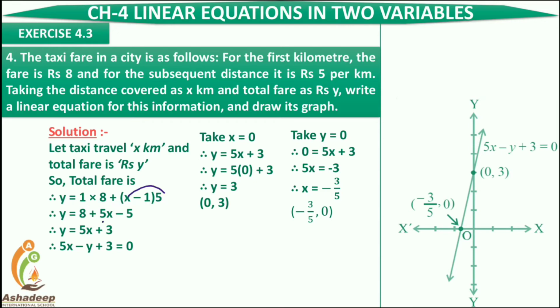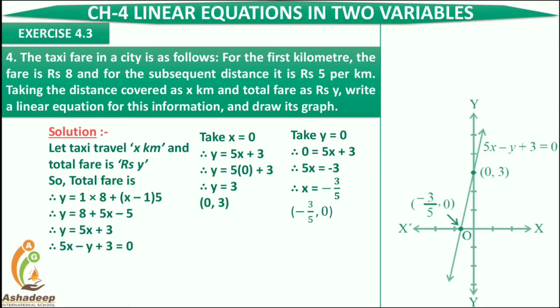So 5 into x, 5x, 5 into 1, 5. Now there's 5 and 8, so it becomes plus 3. If this y comes onto this side, it becomes minus. So 5x minus y plus 3 is equal to 0.